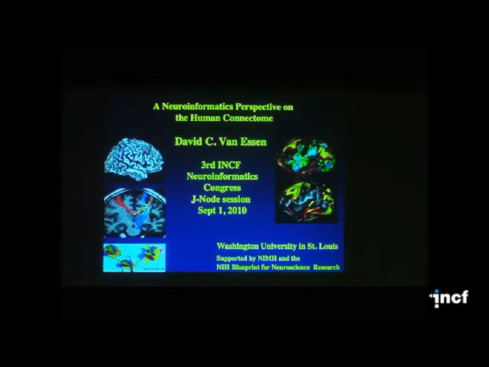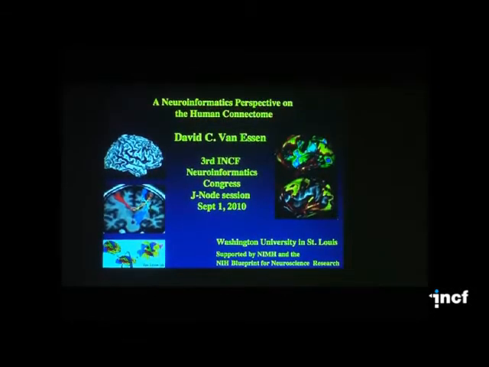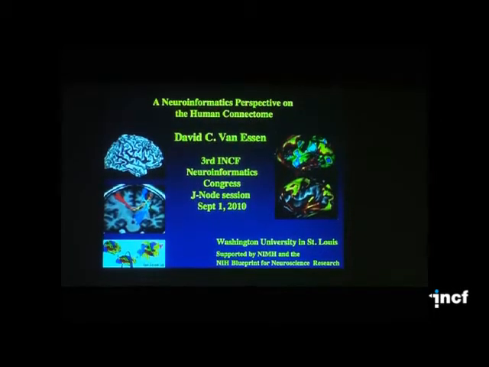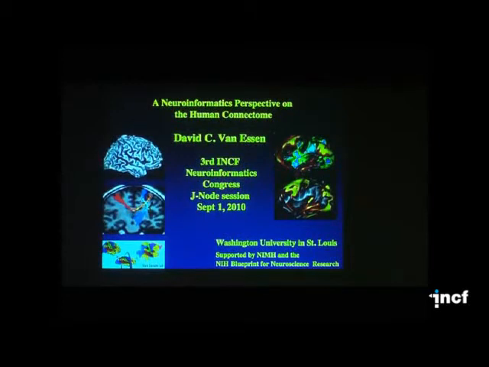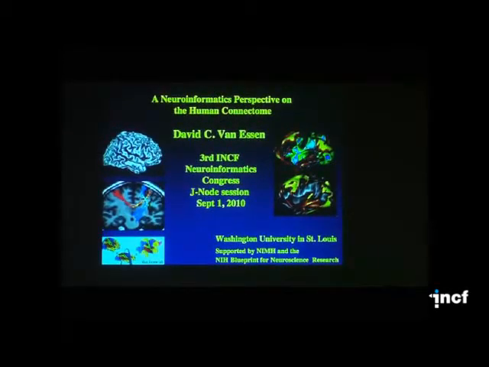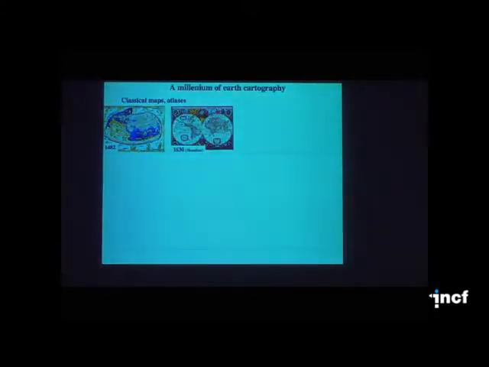I'd like to talk to you about my perspective on the human connectome and how it relates to the neuroinformatics challenges that we face. We've heard the analogy of cartography. We've had a millennium in which it started out with classical, beautiful but inaccurate maps.